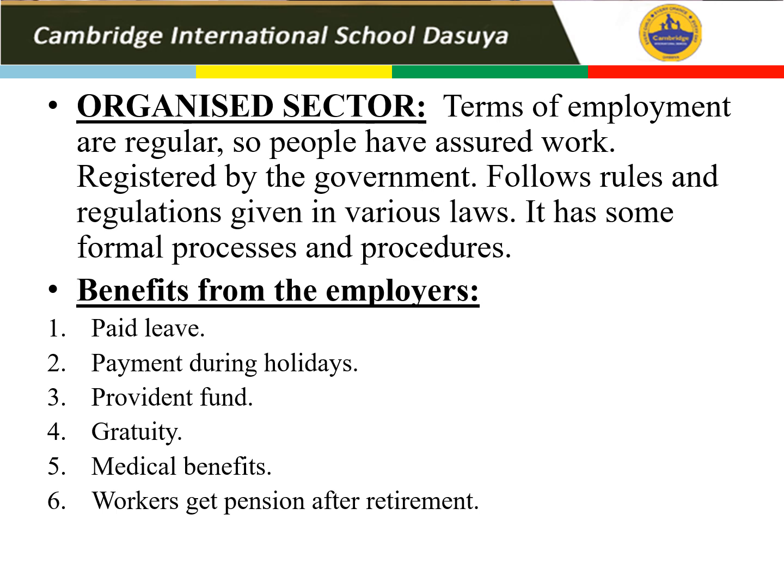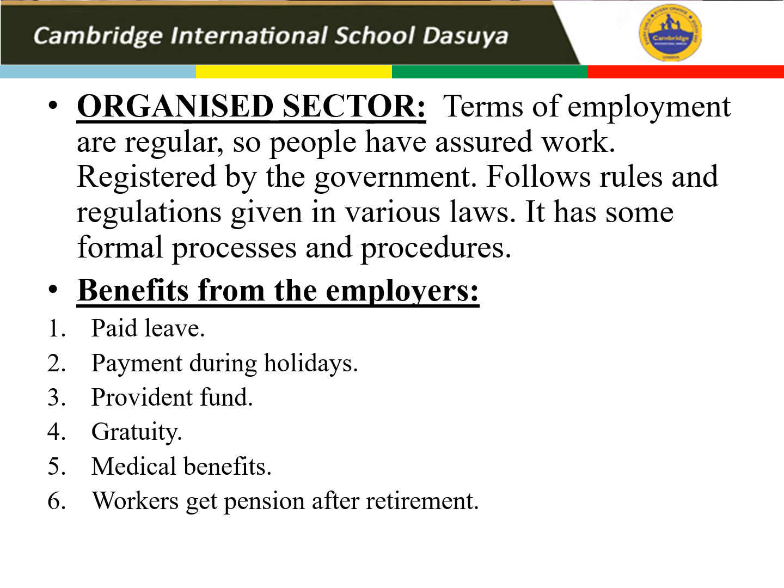So what are the benefits if I am working in an organized sector? Our school is part of the organized sector because the terms of employment we use here are regular, and our school is also registered with the government. We follow all the rules, regulations and laws defined by the government from time to time, and it has some formal processes and procedures.